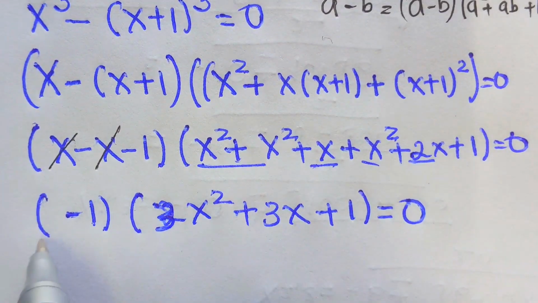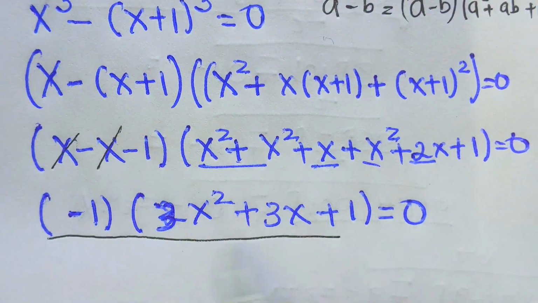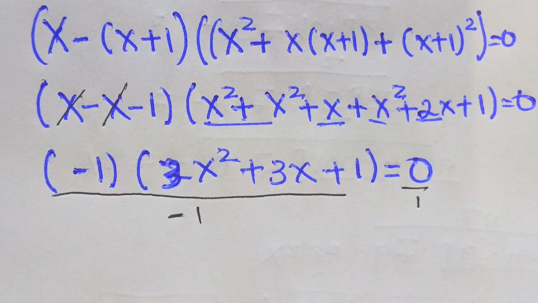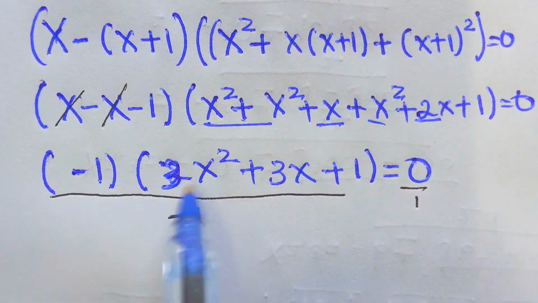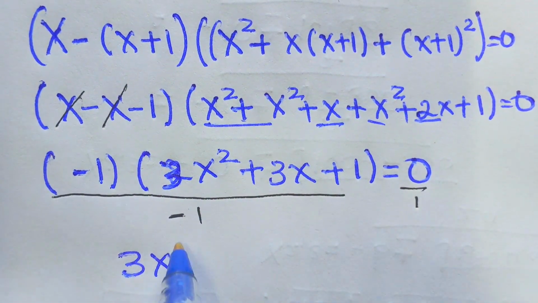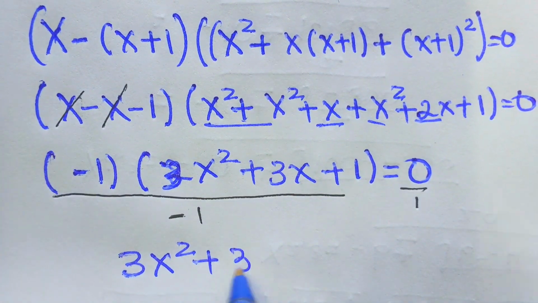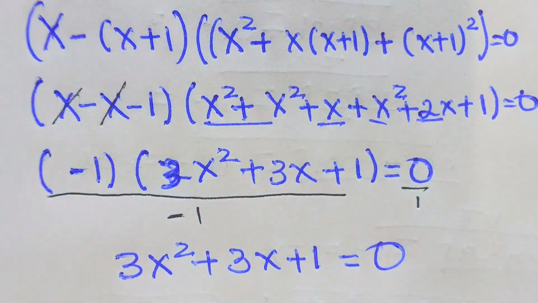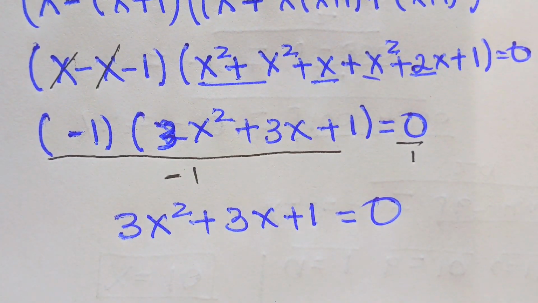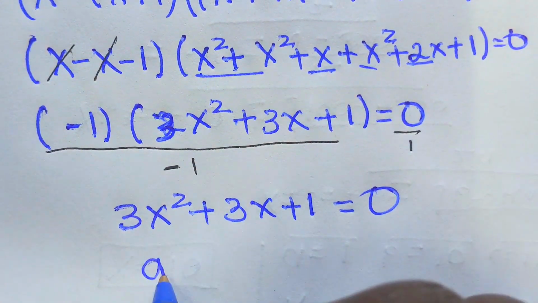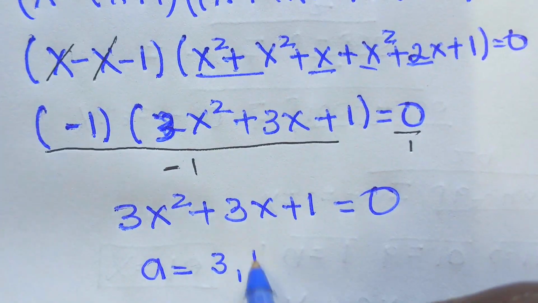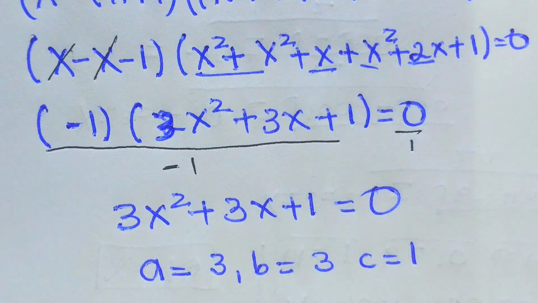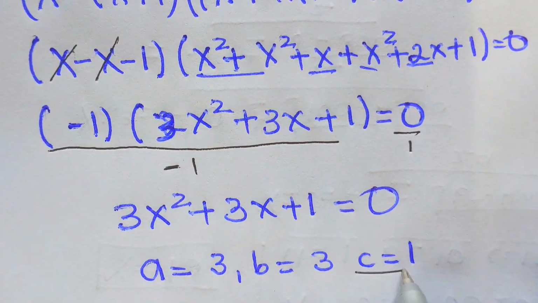At this stage we shall divide by the negative on both sides, right? So we shall get 3x^2 + 3x + 1 = 0. And of course this is a quadratic equation, so we have a = 3, b = 3, and c = 1, as we have seen here.